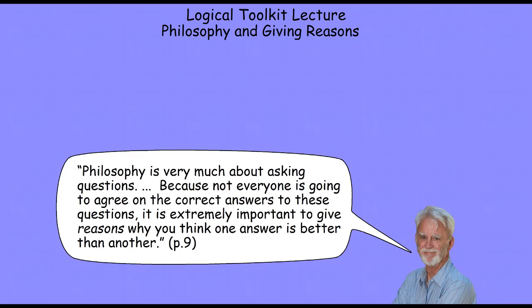And part of the way you can do that is by looking at arguments for and against particular views, for and against particular values, for and against particular ways of conceptualizing the world. And so the authors in this particular article are going to be focusing on that particular mechanism of systematically understanding and evaluating the reasons that you have for the components of your worldview.